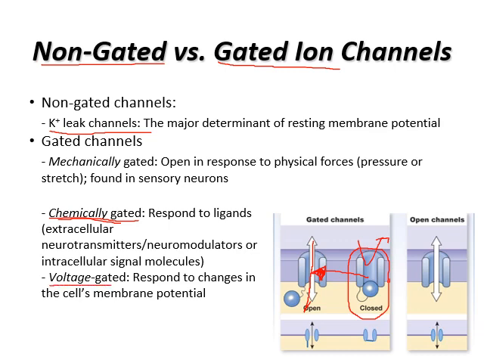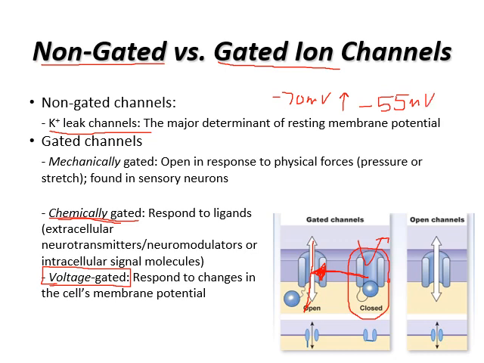In voltage gated, the ones we are going to be discussing here for the action potential, it is a change in membrane potential. When that negative 70 millivolts becomes more positive, in most cases, it is going to be the cue to go from closed to open. I'm going to just throw out the number negative 55 millivolts.